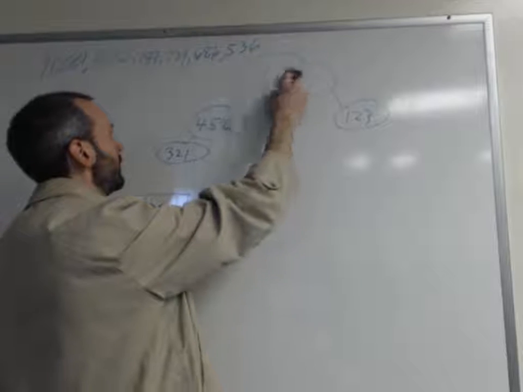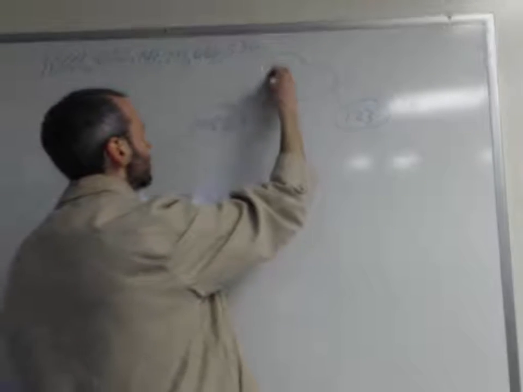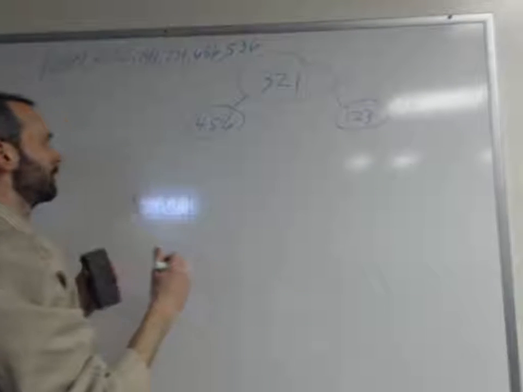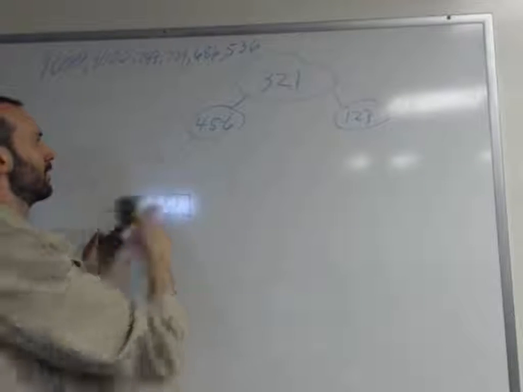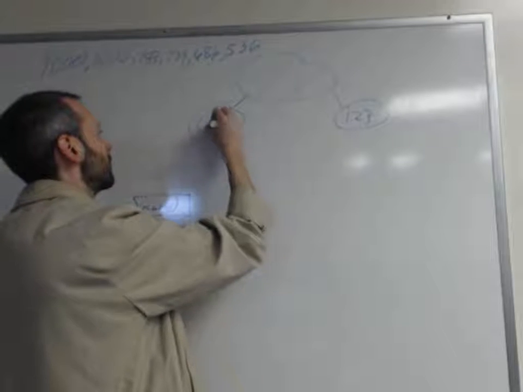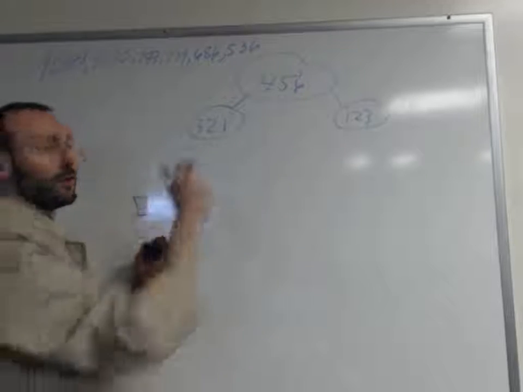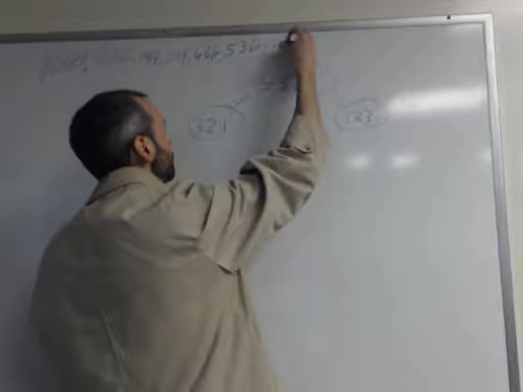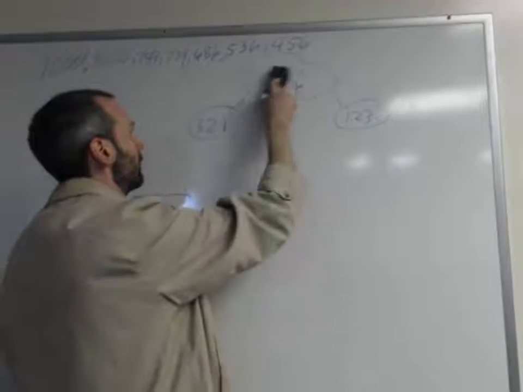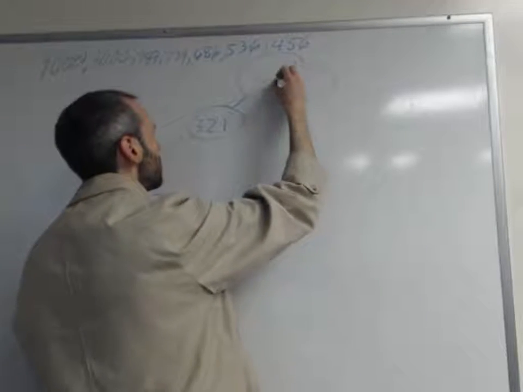Who am I putting up here in the 536? 3, 2, 1. Do I need a swap? Yes, 456. Am I done? Yes. What do I put up here? 1, 2, 3. Do I swap?